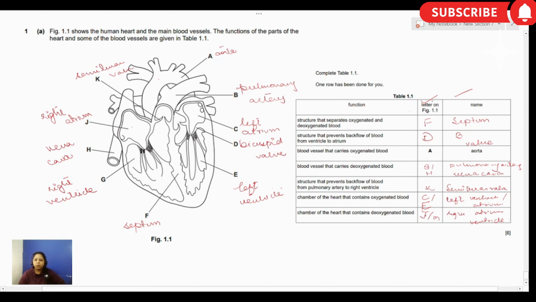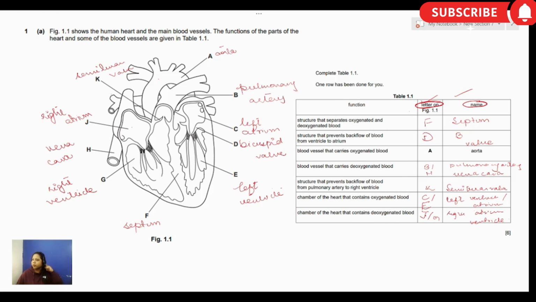So you need to look at whether they have asked you the name or the letter. Whatever they need, you need to provide. If by any chance you have written the name instead of the letter, you wouldn't be given any mark. So you need to be careful in such questions in which a table is given.